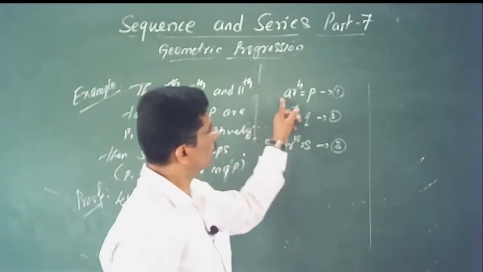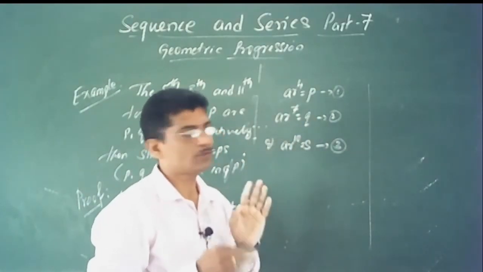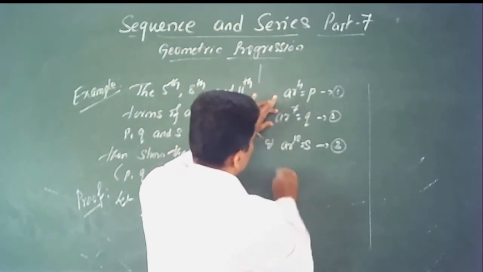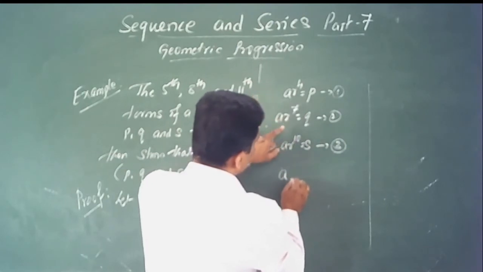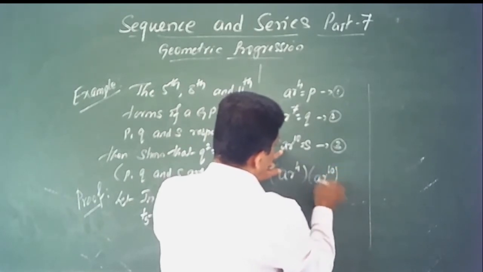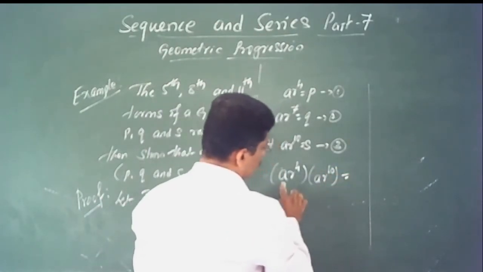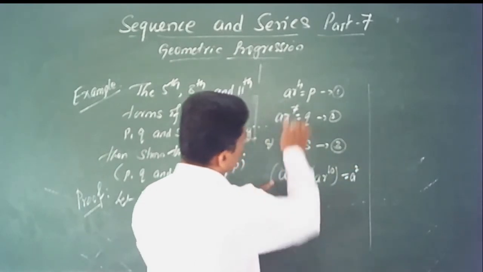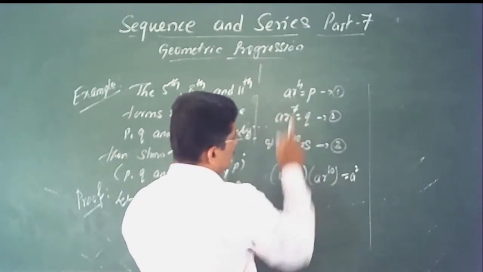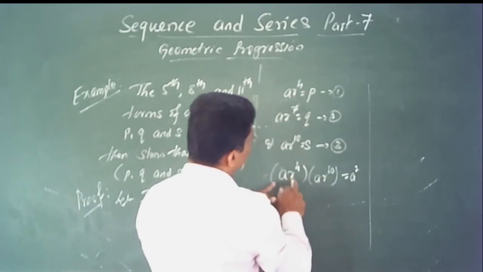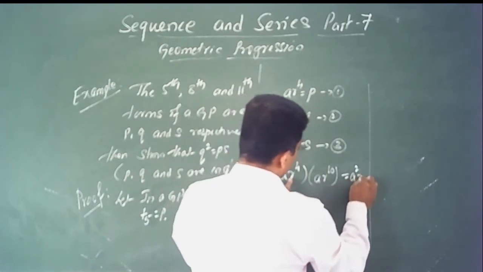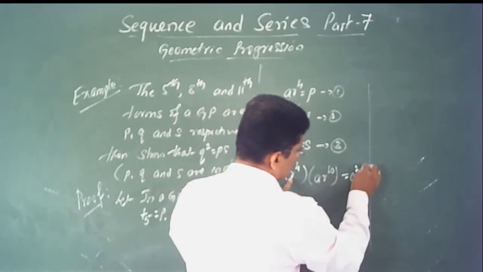Solving 1, 2, 3, find the relations between P, Q, S. Just observe that multiplying 1 and 3, you write A into R raised to 4 into A into R raised to 10 is equal to A into A, means A square, into R to the power 4 plus 10, means 14.